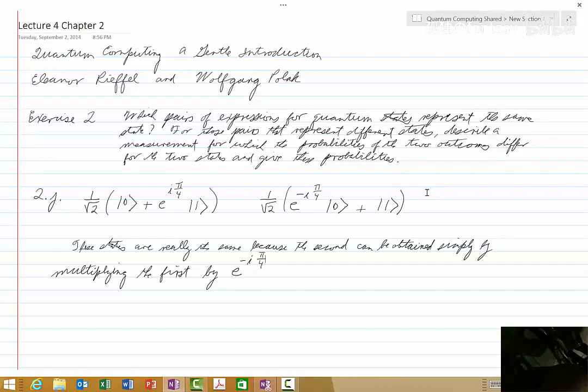So now let's look at another example. Maybe this time we'll look at problem C. So this will be 2C.